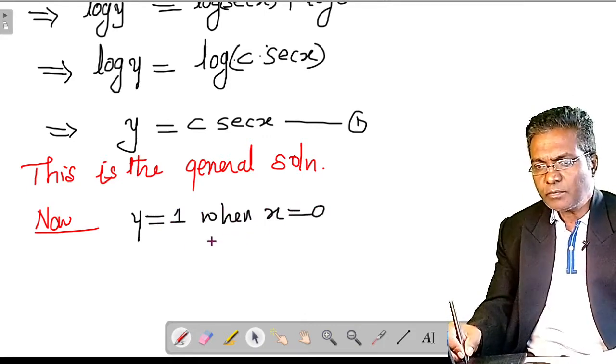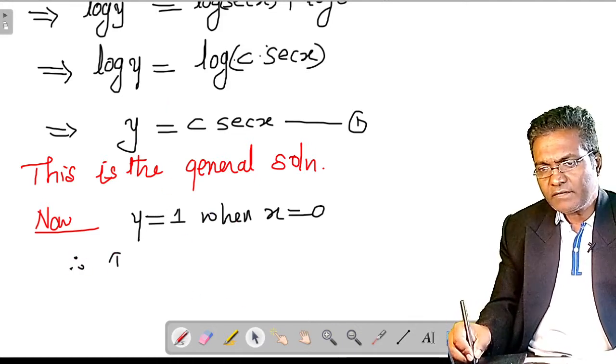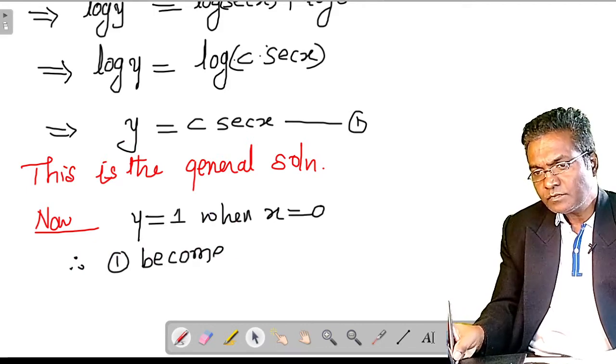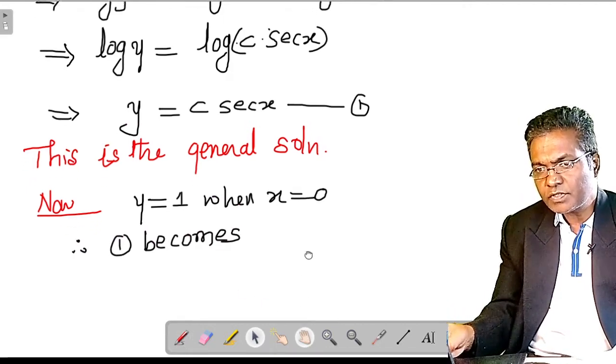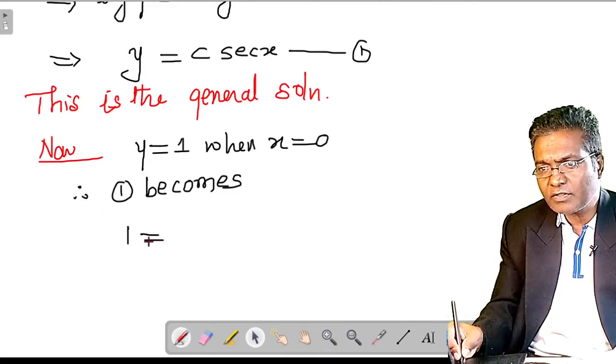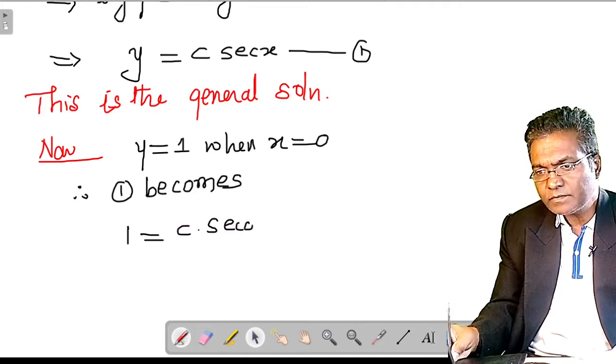So you have to put these in this. Therefore, substituting y is 1 here, 1 is equal to c into sec 0.